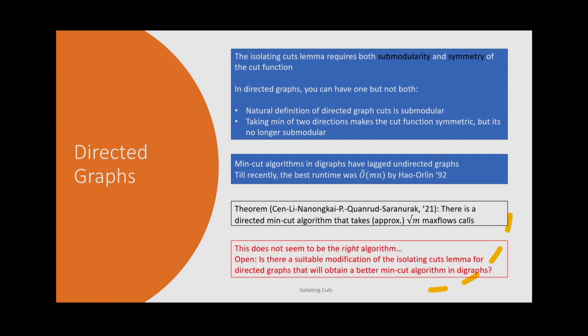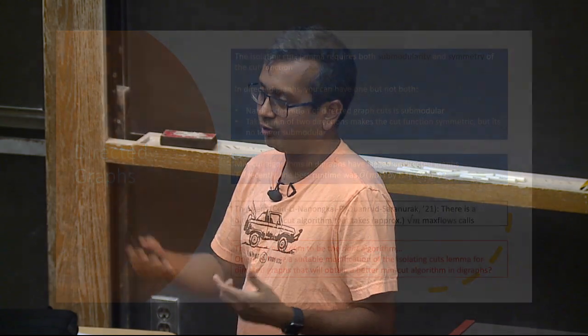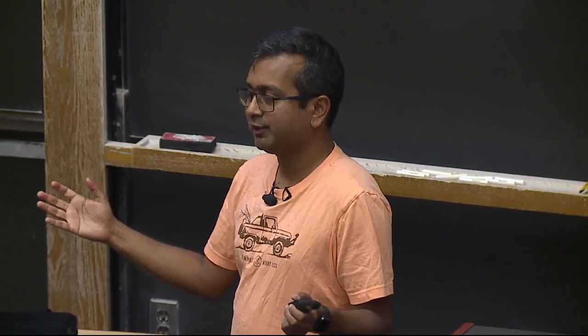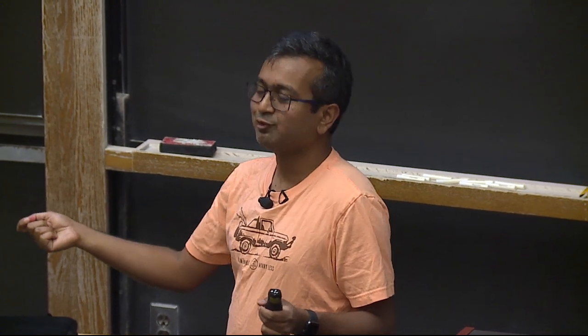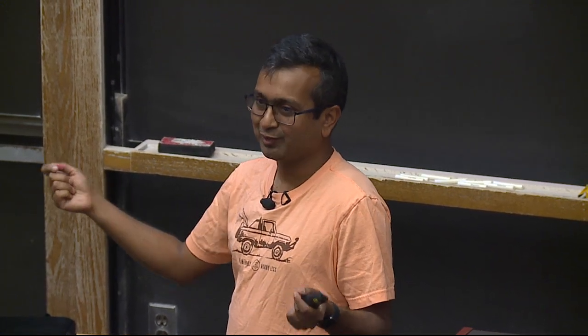Also, in terms of the algorithm itself, it just doesn't look like the right algorithm. It's balancing various different things. So the philosophical question is: is there a suitable modification to the isolating cuts framework or the isolating cuts lemma that might be useful for directed graphs, and in particular can get us closer to the goal of near linear or almost linear algorithms for directed graphs? One thing to remember is that even for directed graphs, the max flow algorithms have an almost linear running time.